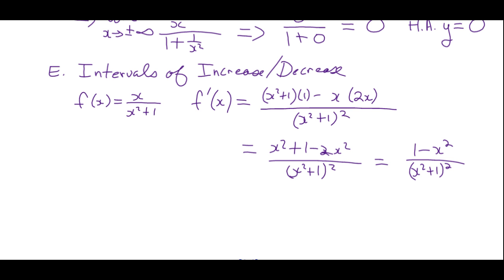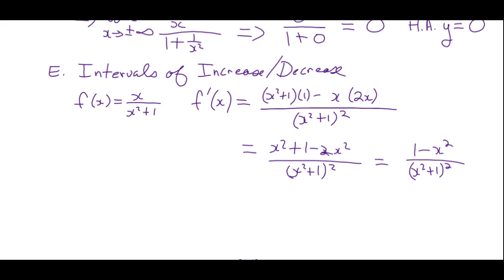What we now need to figure out is when it is greater than 0 and when it is less than 0. So what are we looking at, the numerator or the denominator? The denominator is always positive, so we don't need to look at it. We need to look at 1 minus x squared, right? That is a difference of squares. You're right.